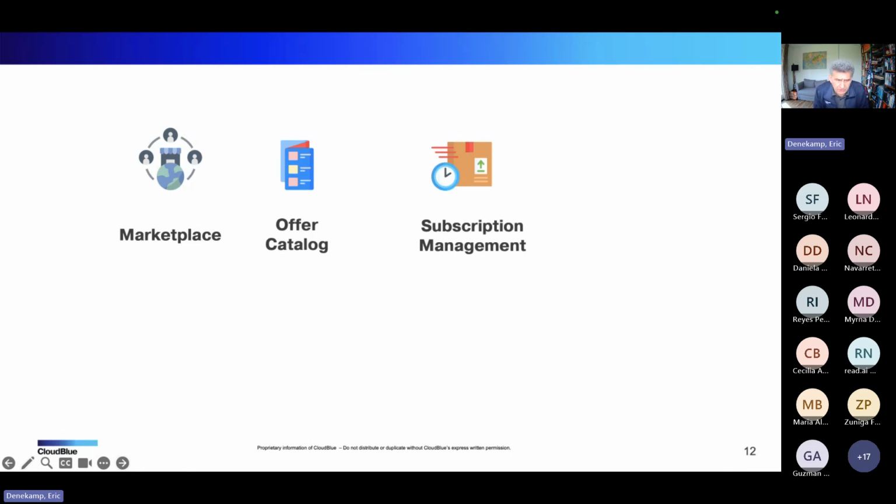Of course, it also does subscription management, because the whole idea behind Cloud Blue Commerce is that we're talking about subscriptions. You don't buy, of course, you can buy a computer, but that's not where the power of Cloud Blue Commerce is. The power of Cloud Blue Commerce is on all those software as a service subscriptions, where a customer can go in and expand his subscription because he just hired 3 more people.